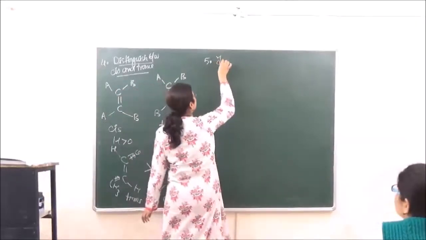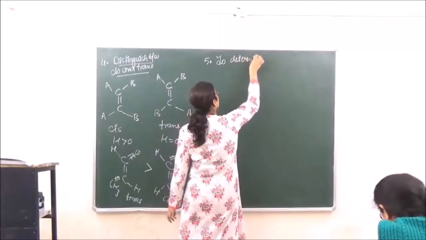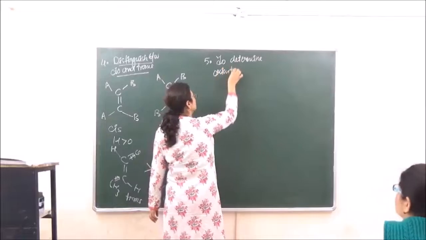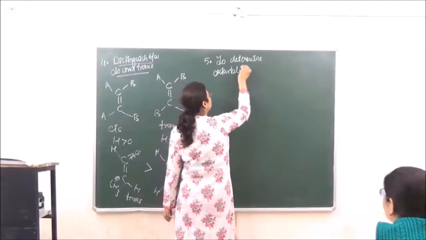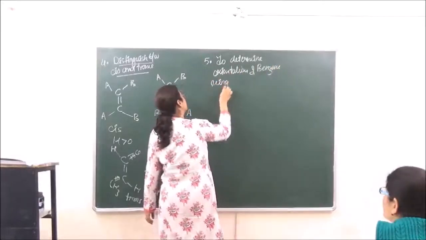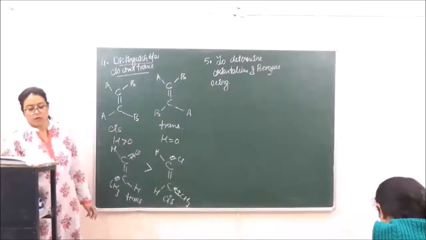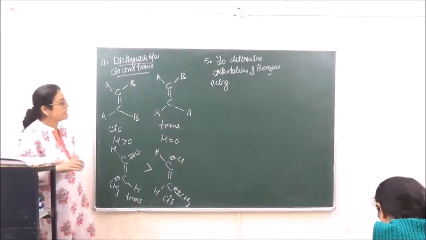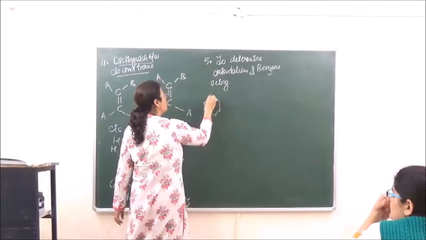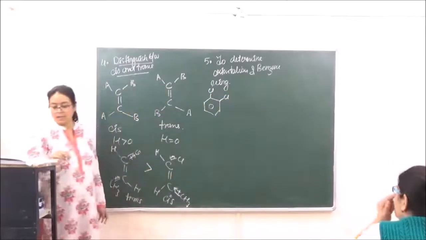To determine the orientation of benzene ring, right? When we are talking of orientation of benzene ring, we say that if we are calculating the mu for, let's say, orthodichlorobenzene, okay?